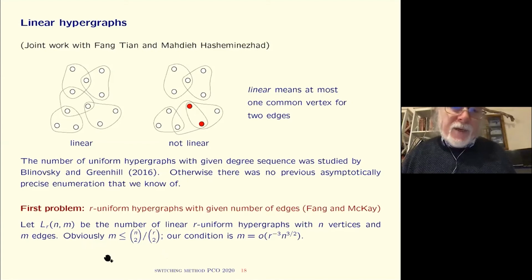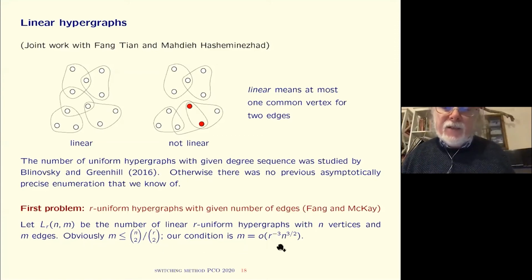Now, if you think about pairs of vertices, altogether there are N choose 2 pairs of vertices. Every edge has R choose 2, and you can't overlap edges by more than one vertex. So this is an upper bound on the number of edges. If you get equality, you've got a Steiner system, but we're not going anywhere near that upper bound.